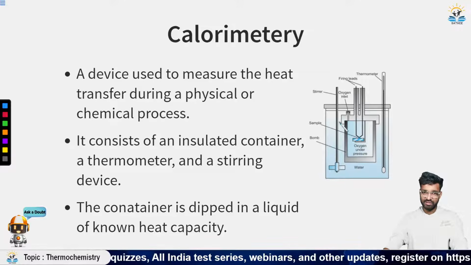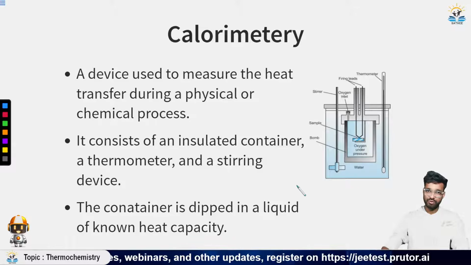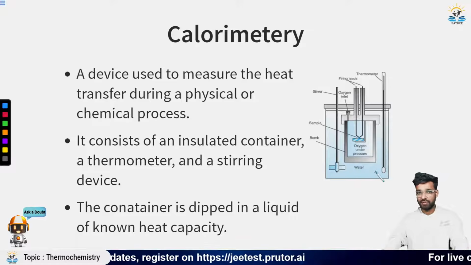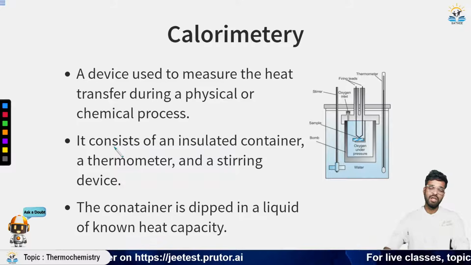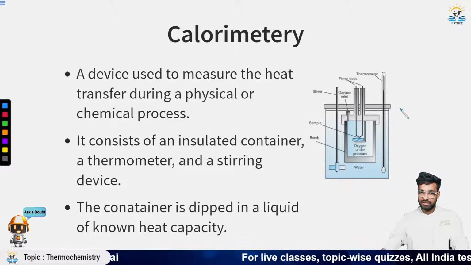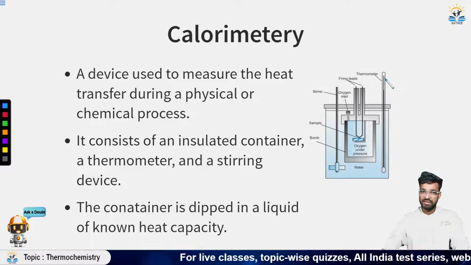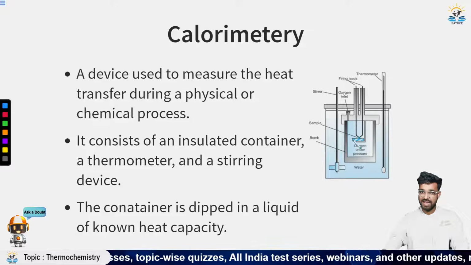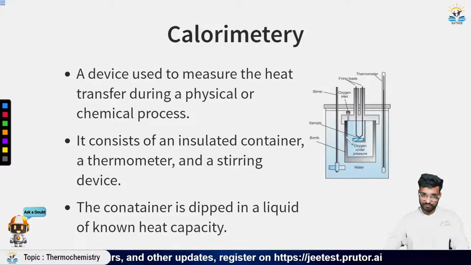Now what will happen, this liquid, first of all, the important thing is that we should know the heat capacity of this liquid that we are taking. So suppose we have water, then we have to be aware of its heat capacity. Now we will measure the temperature of this water initially, using the thermometer that is calibrated here. Now we will let the reaction happen, and as this reaction happens, some heat will be released, of course, and this heat will be transferred to the liquid present outside.